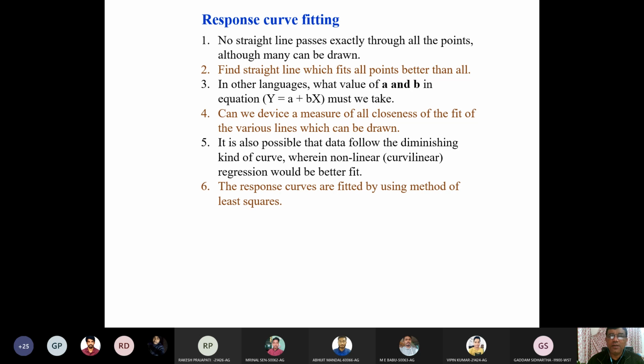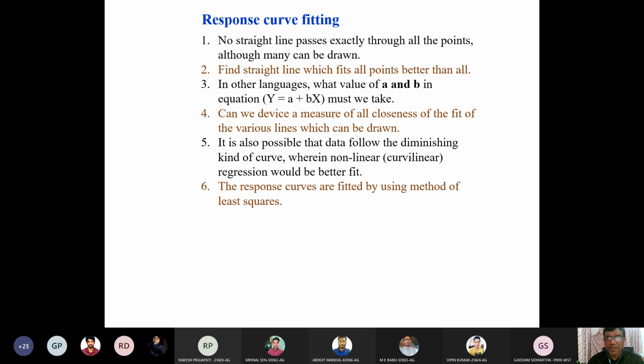So what happens when you plot the original data on the graph? Then no straight line will pass exactly through all the points, although many lines can be drawn. And we need to find the straight line which fits all points better than all. This is the problem. In other words, what values of A and B in the equation must we take that give us the best fit?